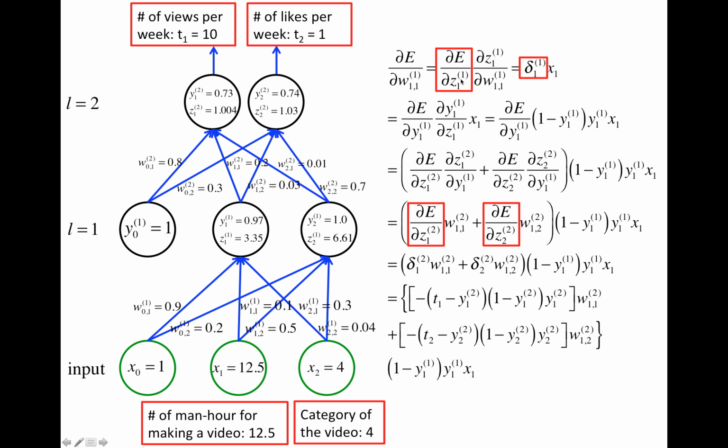So all the delta definitions are about the derivative of the error with respect to the logit. And the superscript and the subscript are the same as the superscript and the subscript of the corresponding logit. All the deltas are the derivative of the error with respect to the corresponding logit. Right.